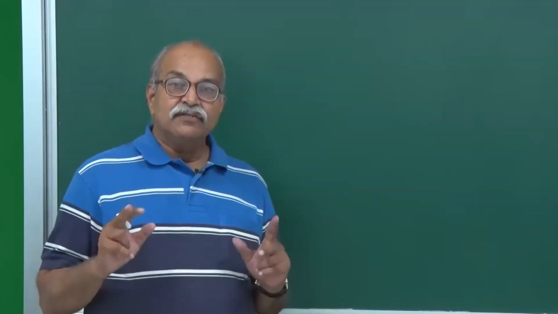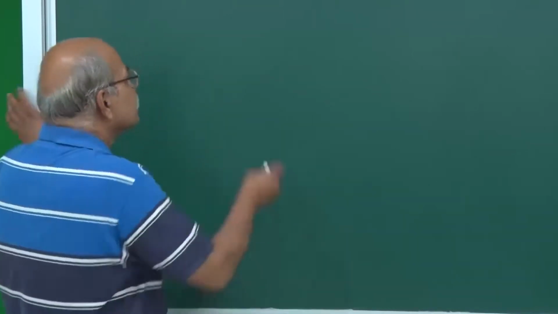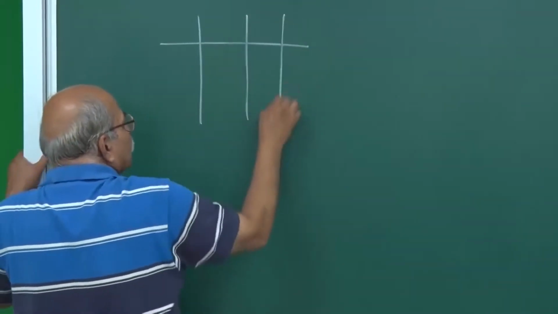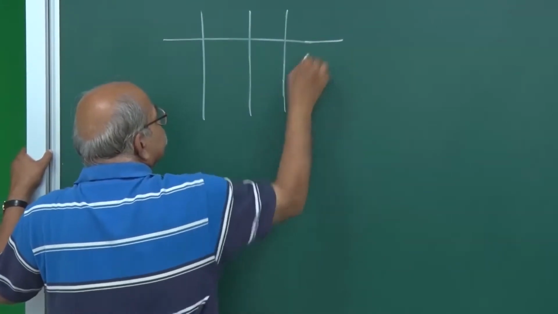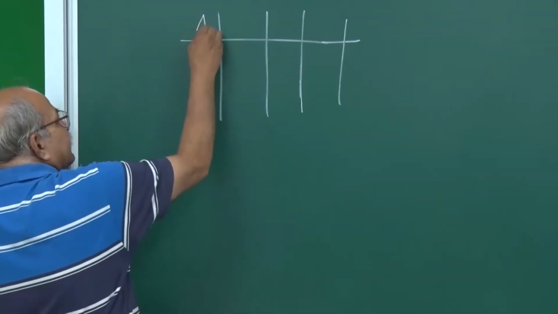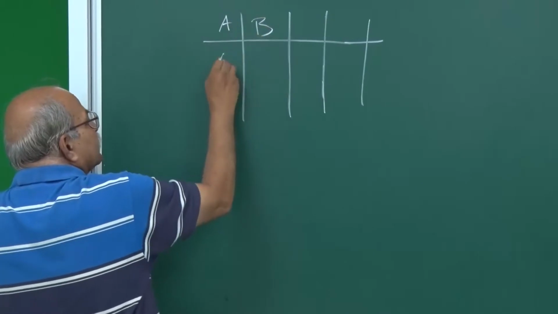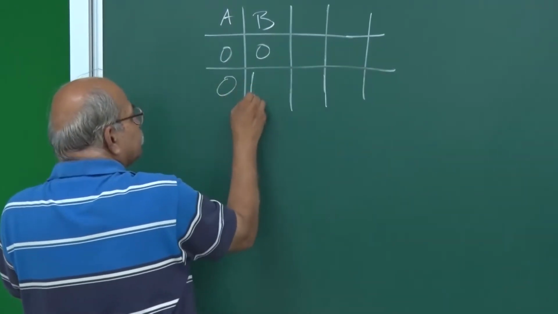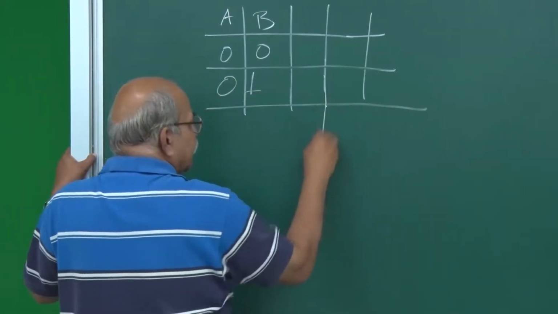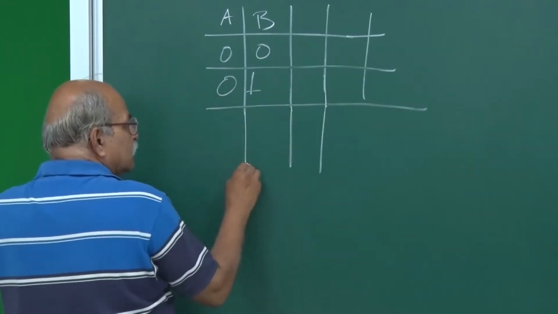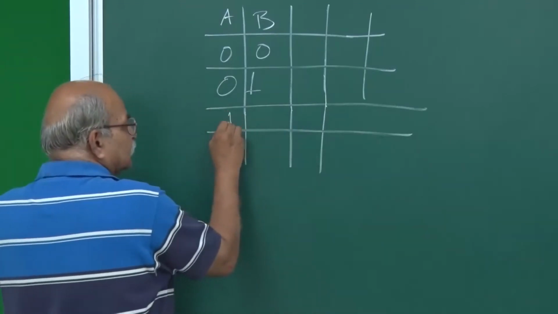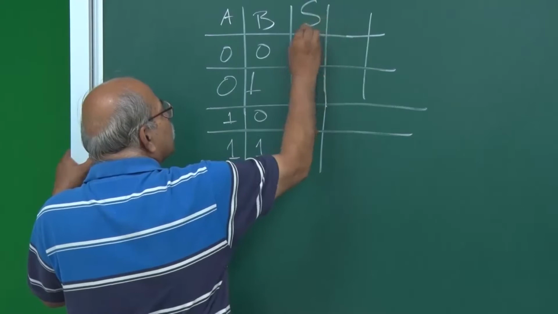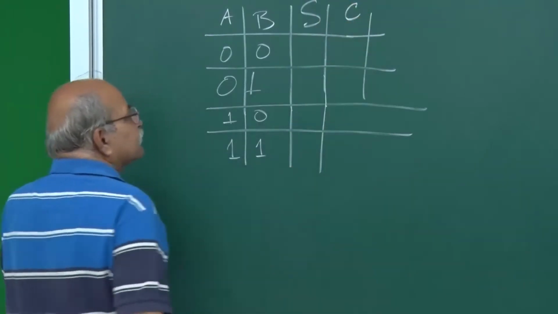So, when you add two binary digits, you have two output results, and this is, let us say, A, this is B. So, it can be 0 0 or it can be 0 1 or it can be 1 0 or it can be 1 1, and then you have sum and then you have carry.